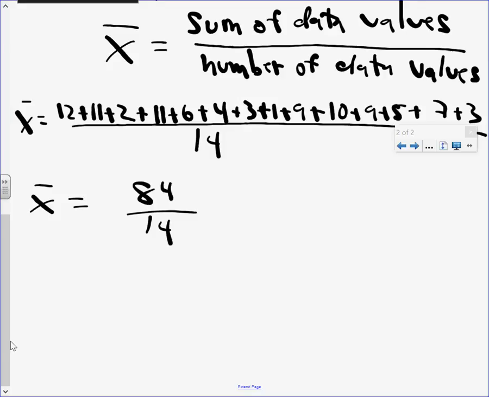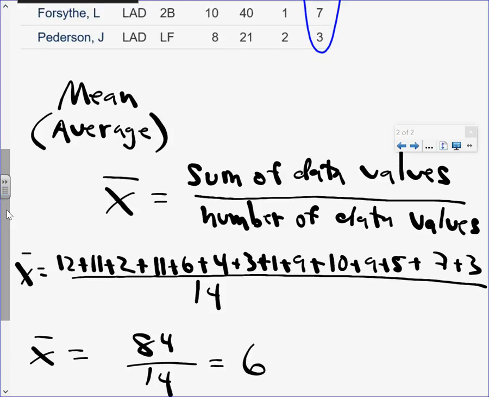So 84 divided by 14, watch this. It's exactly 6. Look at the formula. Sum means sumar in español. ¿Qué quiere decir sumar? Add all the data values.